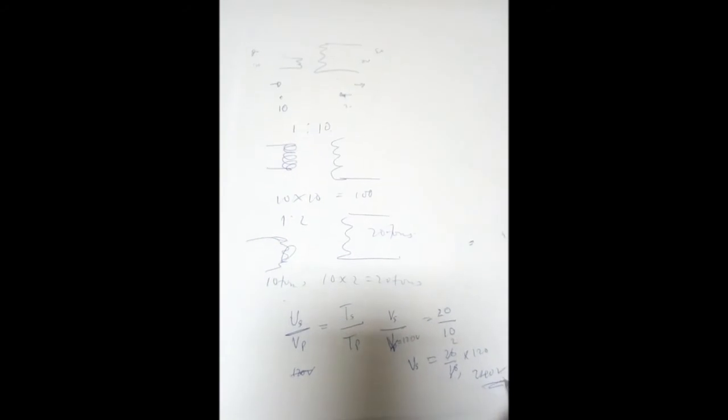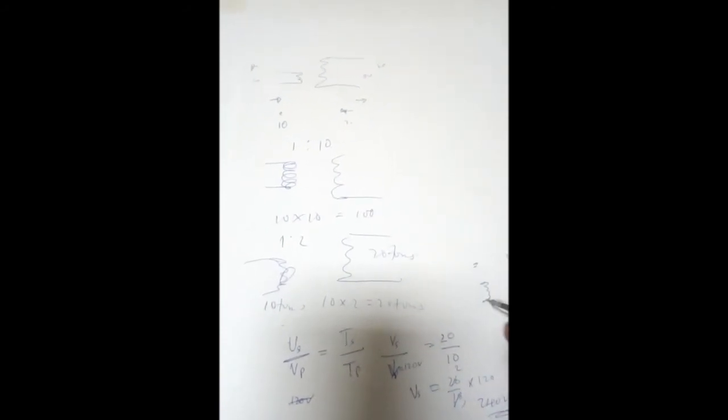However, the turns can also be affected by the wire gauge that is used. If you use a smaller wire for the input and a bigger wire for the output, the result might not necessarily follow this formula. Maybe you are using a small gauge wire with like 100 turns here, and you want to output something bigger, so you use a bigger gauge wire; you might not actually double the turns.